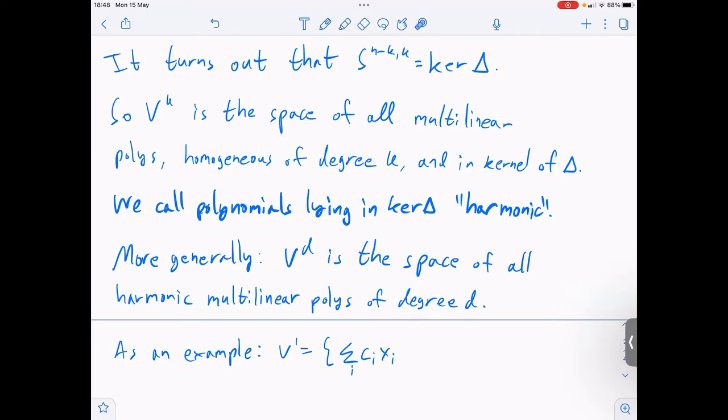So it's 1 if i is in the set and 0 otherwise, such that the sum of all the Ci's is 0. Okay, and we can go on and on for the other eigenspaces. Okay, so this is our first step.